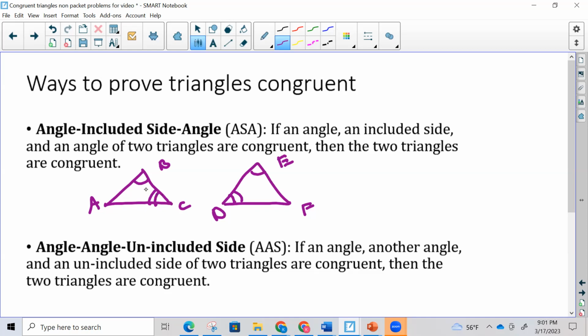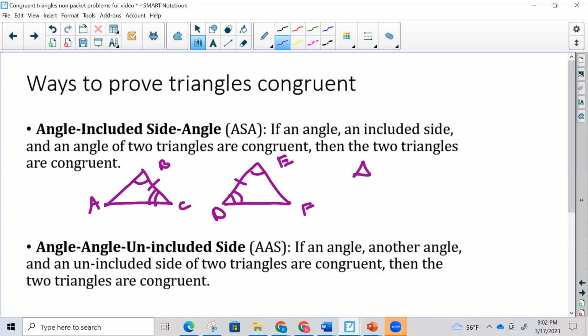The included side is the side that's touching those two angles that are marked. So the included side would be BC on this one and DE on this one. And so if I have this angle, side, angle, I can say the two triangles are congruent. And again, I don't need any more information.